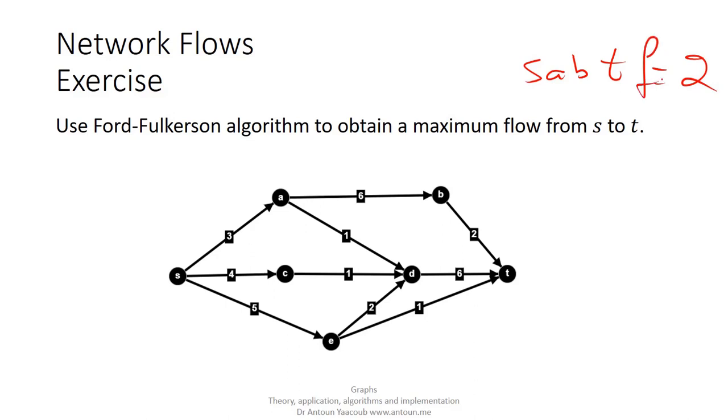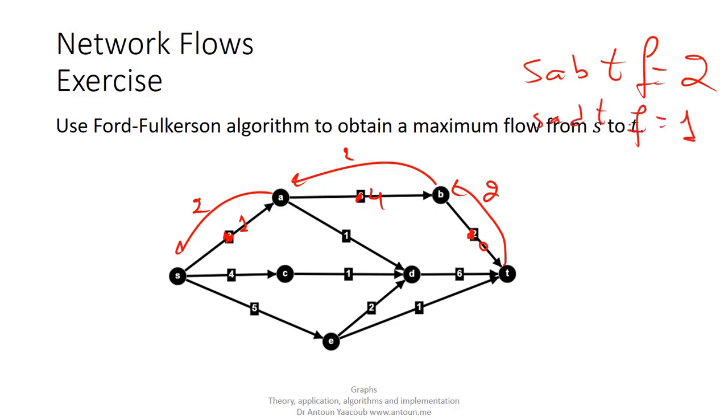So I will decrement on the going and add on the going back. So decrement 2, it means 1, 4, 0, 2, 2, 2. I have SADT, and the flow here I have 1, 1, 6, so the flow is equal to 1.